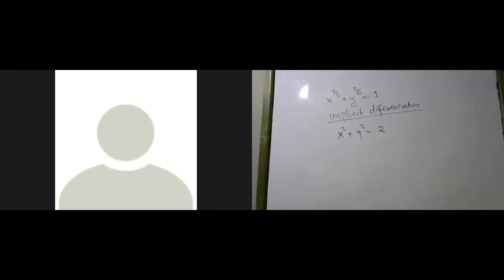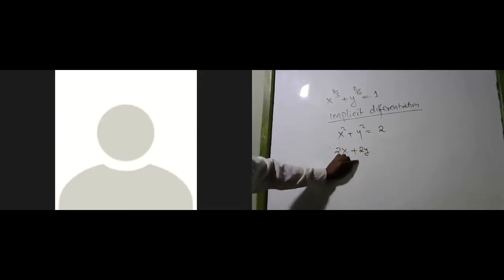When you're given something like x squared plus y squared equals 2, we say that the subject of the formula for this equation is not y. So we need to find the differentiation of each of these terms, but where we have y, we also have to add dy/dx.